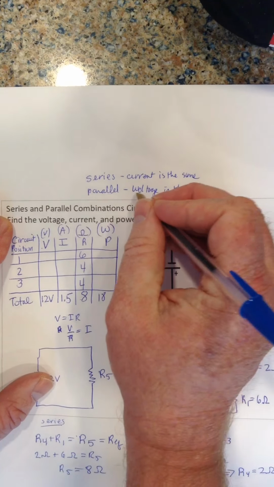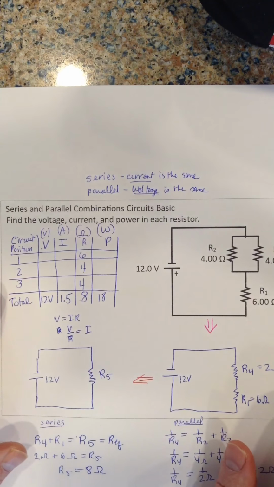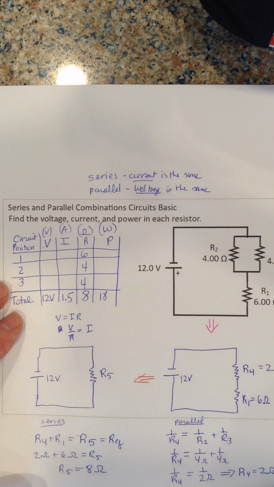Okay, voltage, current. Now we have to work backwards, and that's why we've got some different colored pens here.